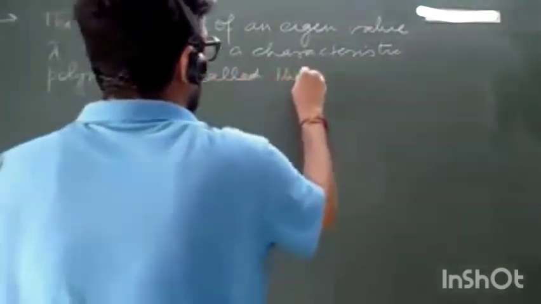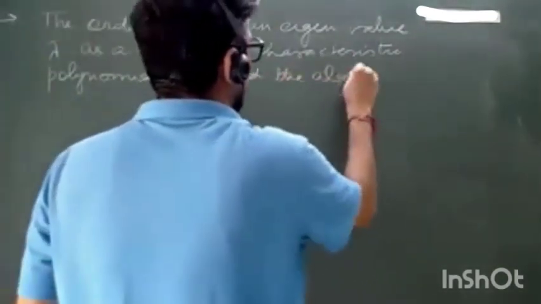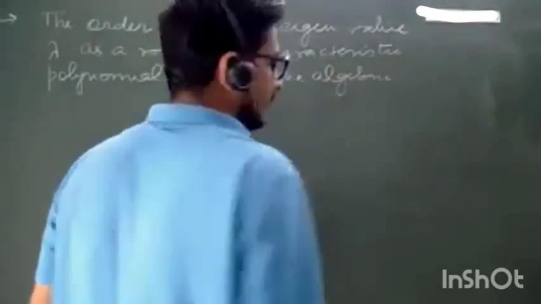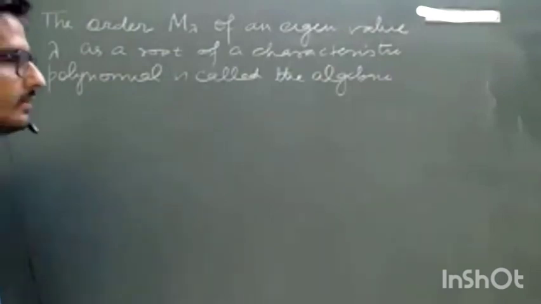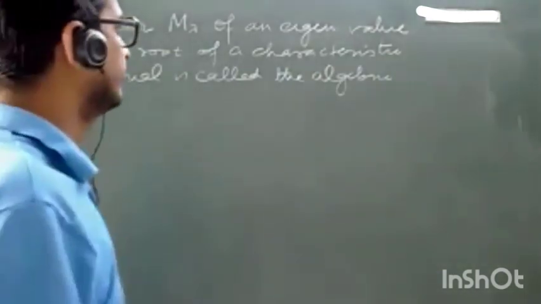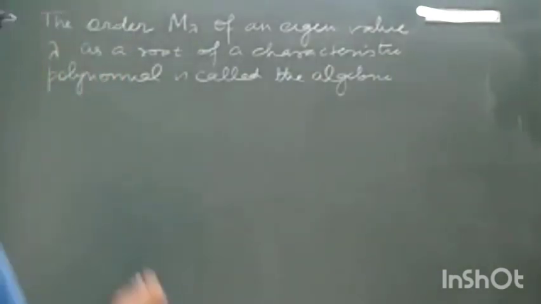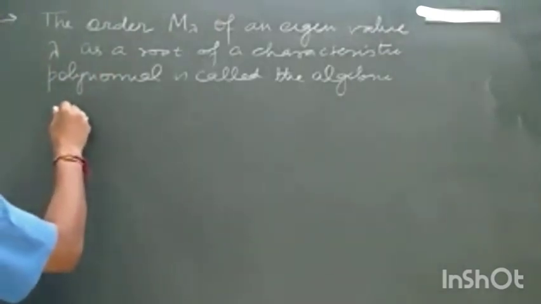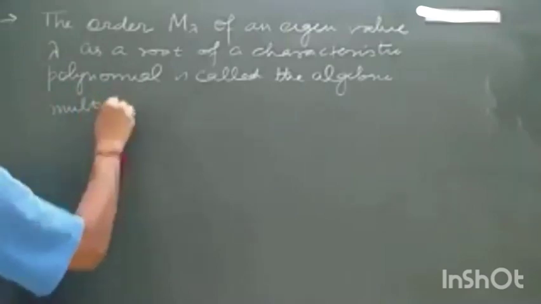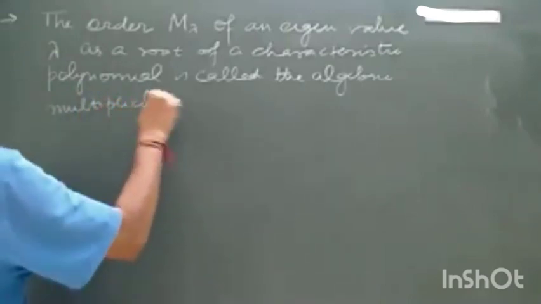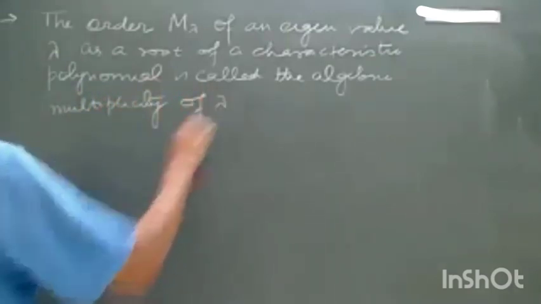So these terms should be clear. You already know that you write a characteristic equation. So the order of that is known as multiplicity, called the algebraic multiplicity of lambda.